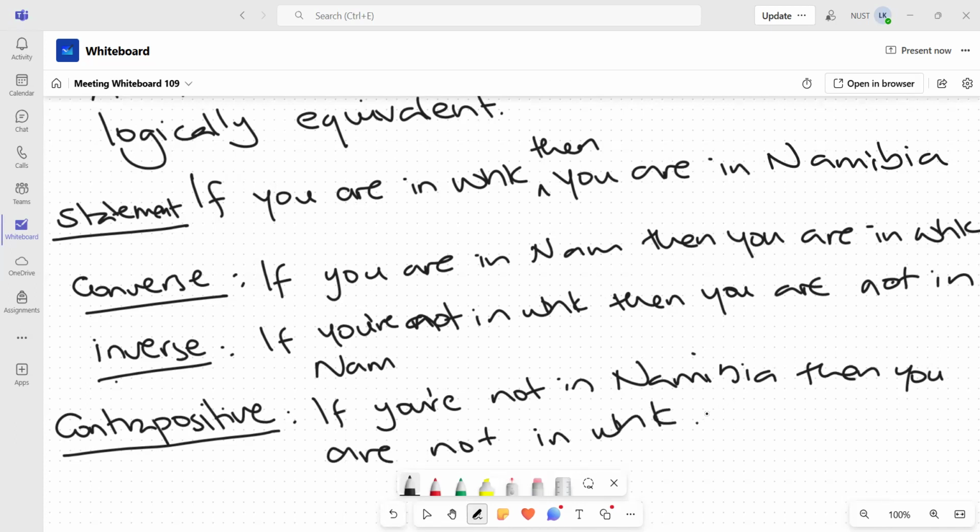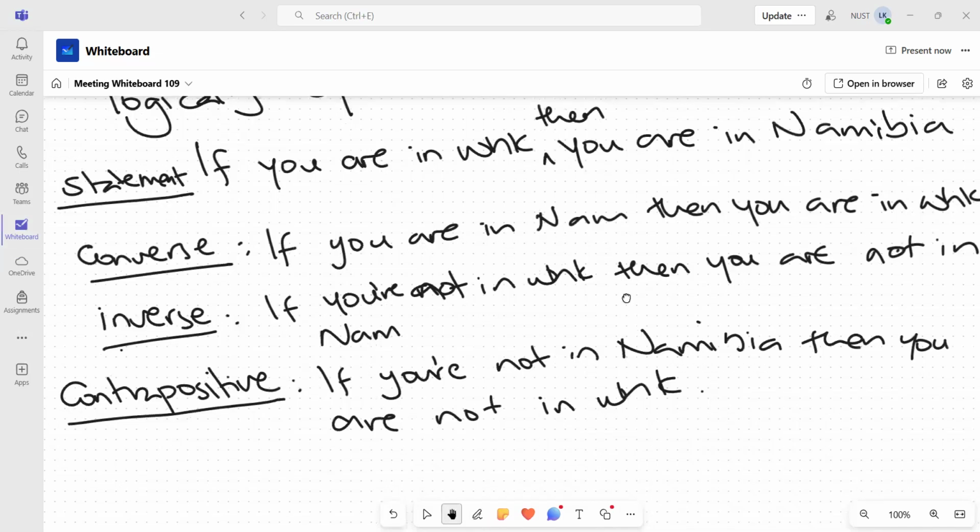And this, of course, we know is true. You cannot be outside of Namibia but still be in Windhoek. And we can see that a statement and its contrapositive are always logically equivalent. Okay, and then the converse and the inverse, these are not logically equivalent.